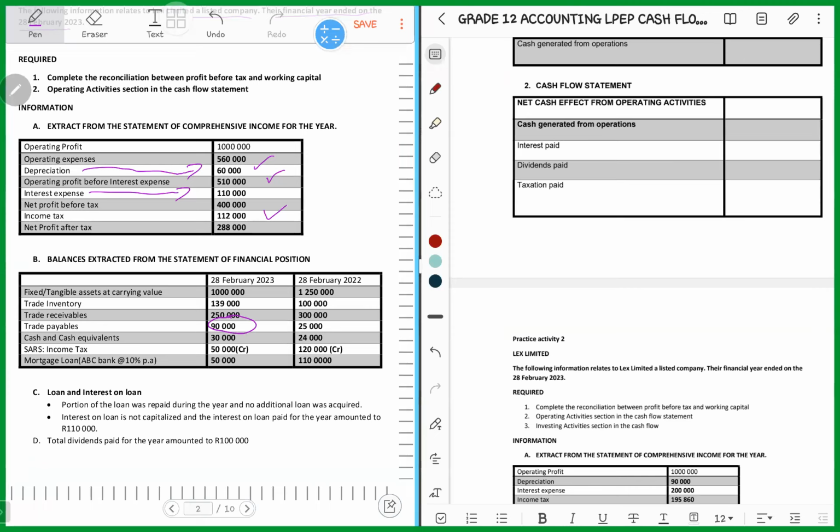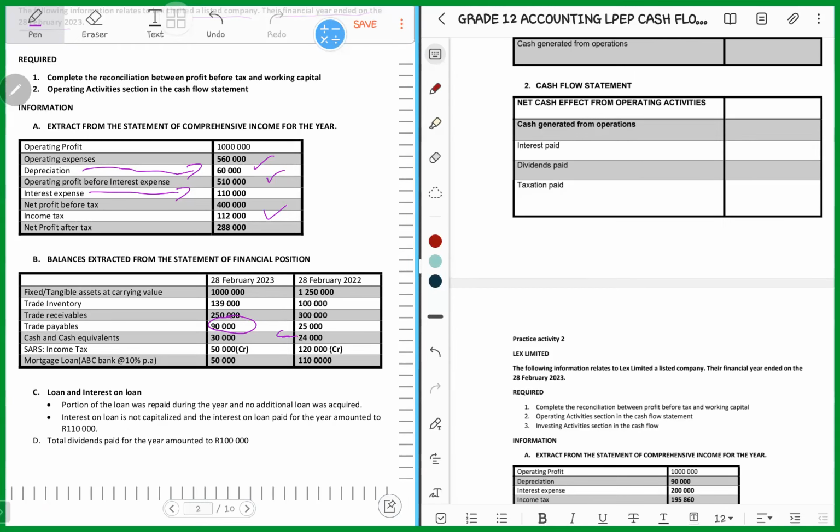Then again, we are having cash and cash equivalents. If you notice, from the previous year, it was 24,000. It's currently standing at 30,000. It means there is an increase in cash and cash equivalents, and an increase in cash and cash equivalents is an inflow.